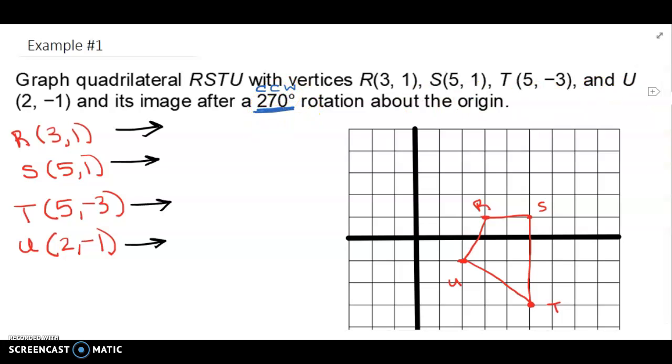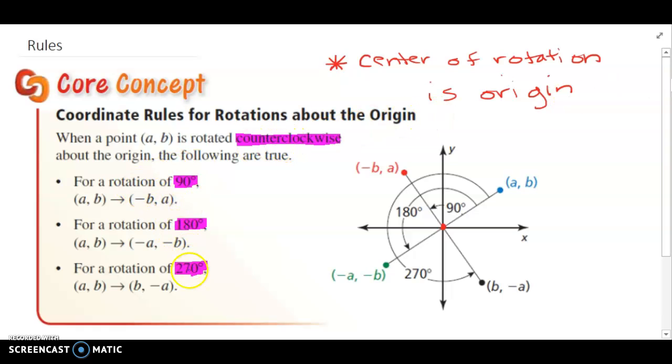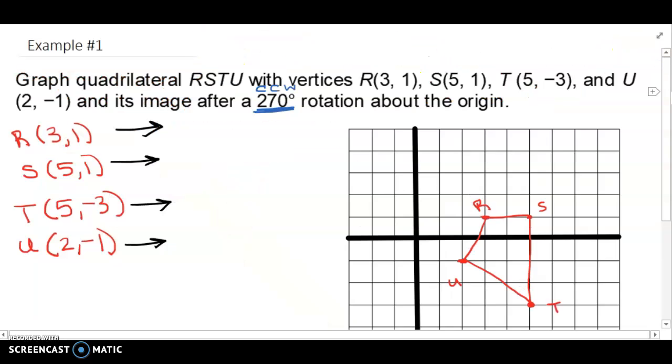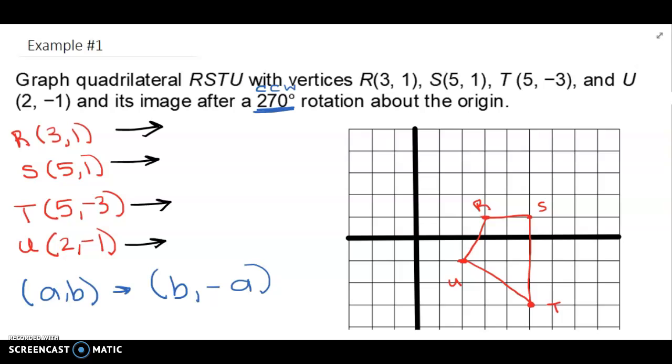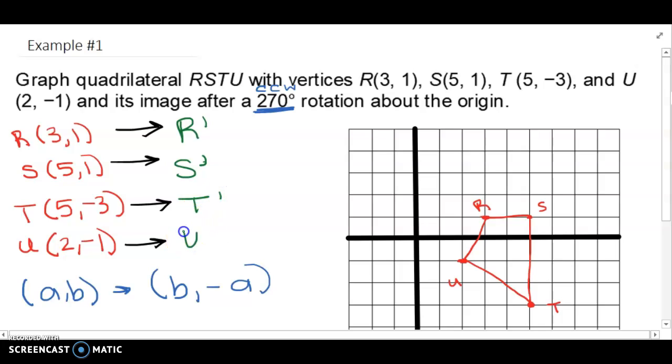Looking at these rules right here, going straight from the 270 rule, (a, b) goes to (b, negative a). Okay, and from there, I'm going to find the points of my R prime, my S prime, my T prime, and my U prime.